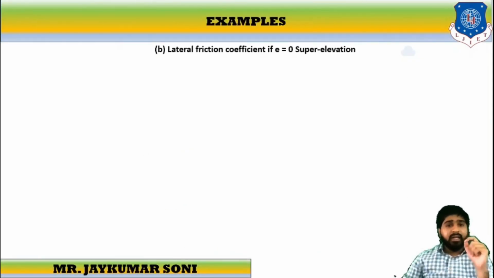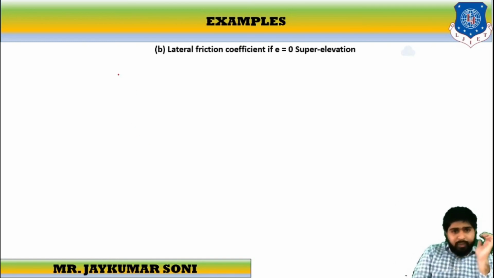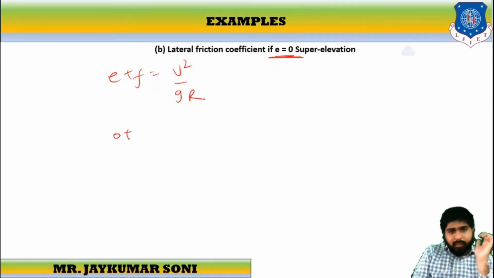Now let us move towards the second part, that stands for the lateral friction coefficient if E is equal to 0. We have the equation E plus F is equal to V square by gR. We'll put the value of E as 0. 0 plus F is equal to 13.88 whole square by g as 9.81 and R as 100.